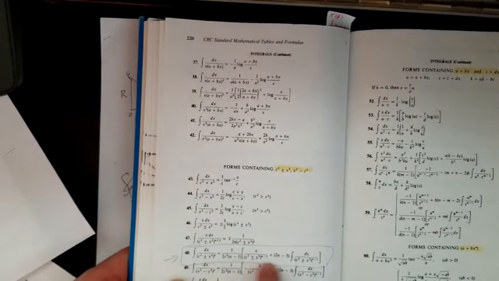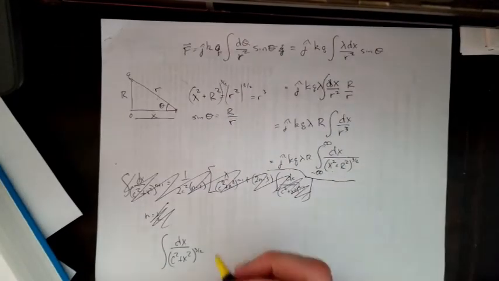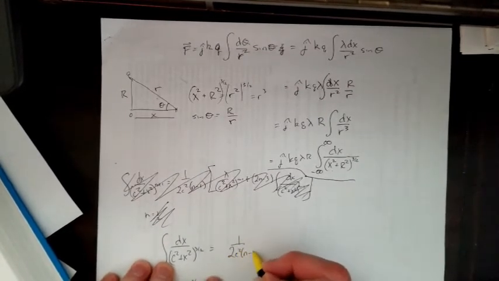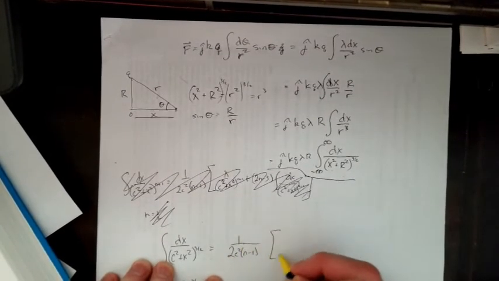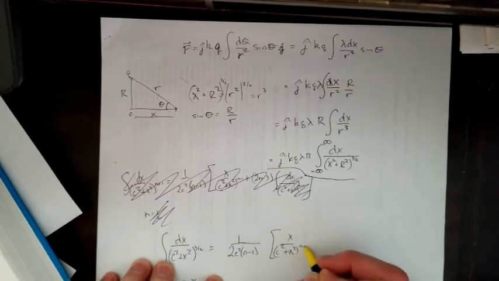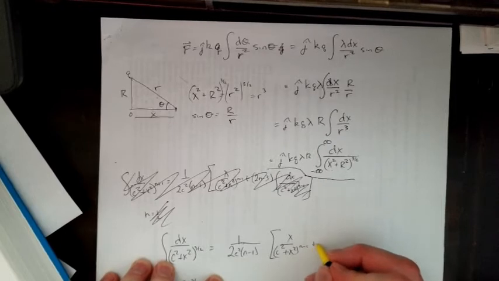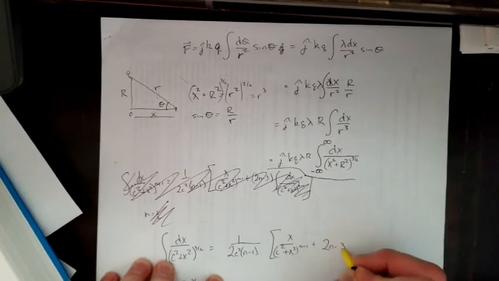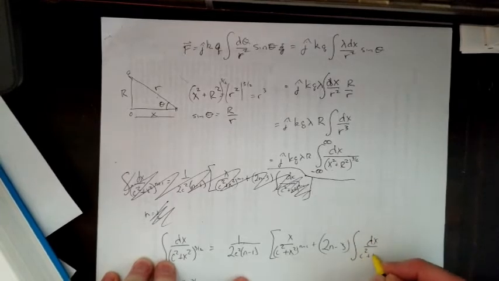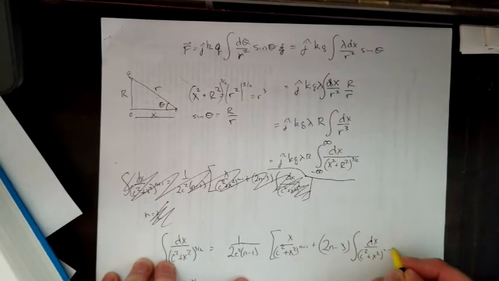We got positive there. And that's 1 over 2c squared times n minus 1 times x over c squared plus x squared to the n minus 1, plus 2n minus 3 times the integral of dx over c squared plus x squared to the n minus 1.